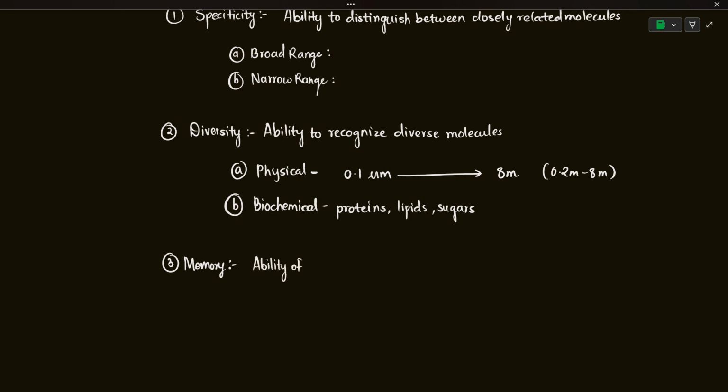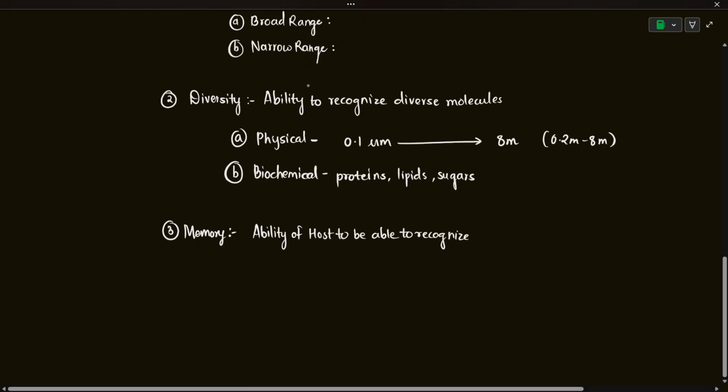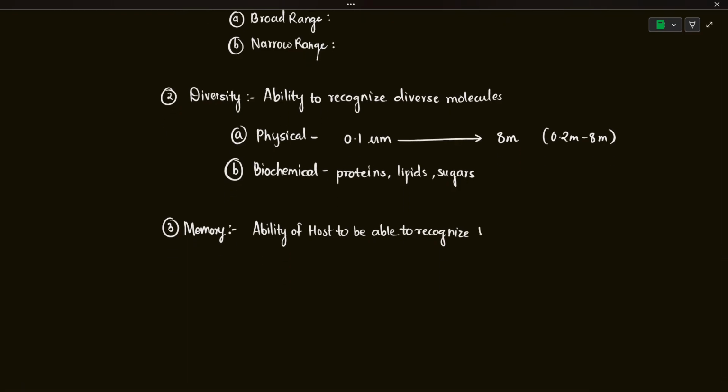So this is the ability of the immune system, or the ability of the host, to recognize the previously exposed pathogen or the previously exposed antigen.